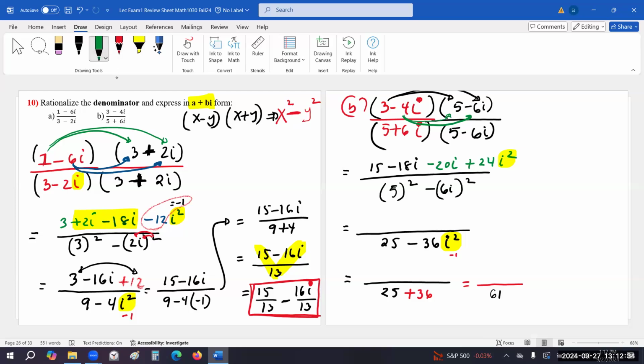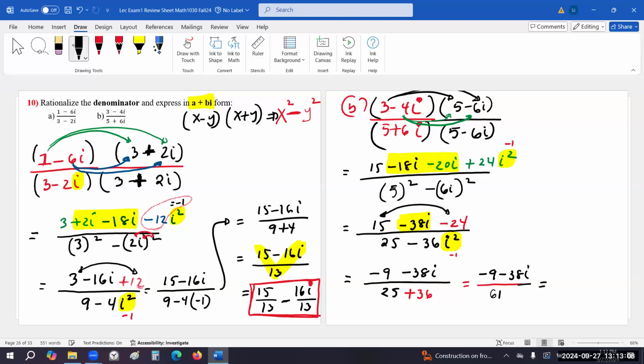But i squared is negative 1, so the 24 becomes negative 24. And we have 15 in the front. And what happens in the middle? Negative 38i. Negative 9 minus 38i.